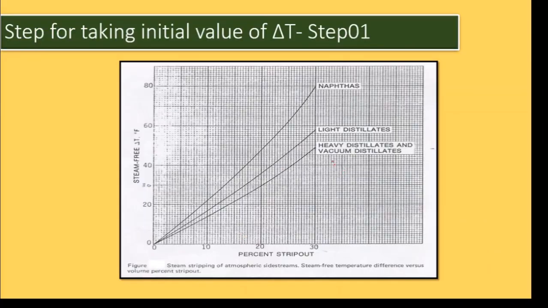This is step 1 for finding the delta T. In step 1, the x-axis is the percent strip out, that is 24%. We have already calculated this value. Percent strip out, this is 20, this is 25, this is 24. And for the light distillate, we can find the y-axis, the steam free delta T. Its value is very close to 40, that is 44 degrees Fahrenheit.